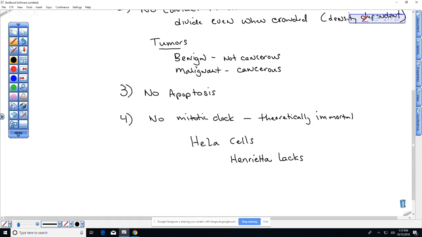So radium was actually inserted into her vagina to try to kill the cervical cancer cells. But Henrietta Lacks died of cervical cancer. Actually, she died in 1951. I think she was in her 30s.